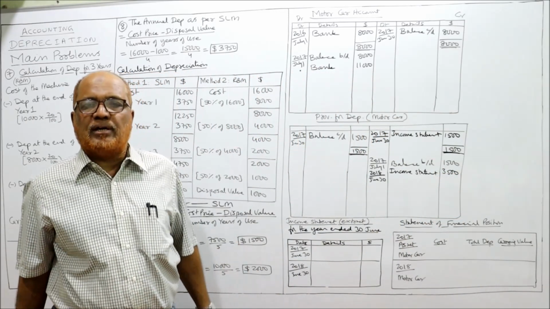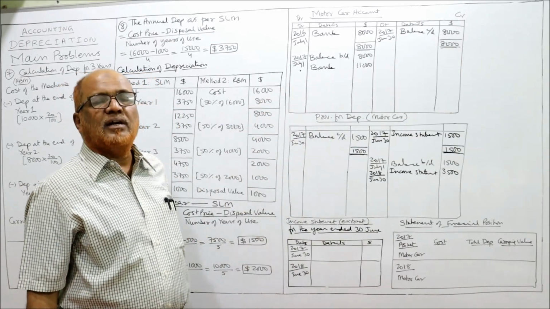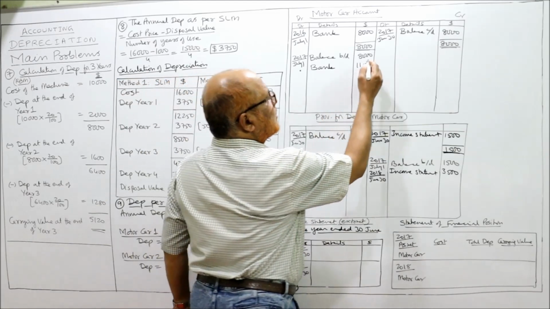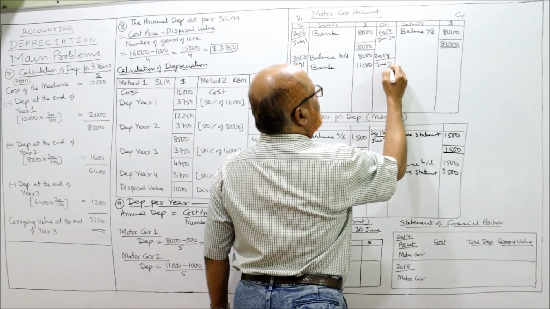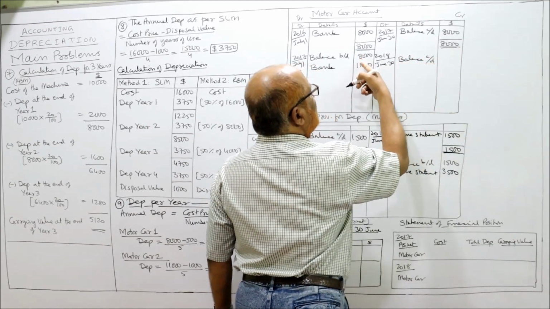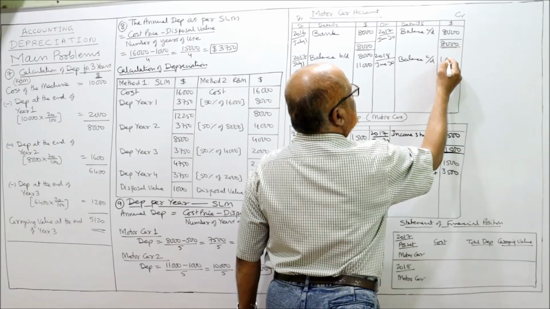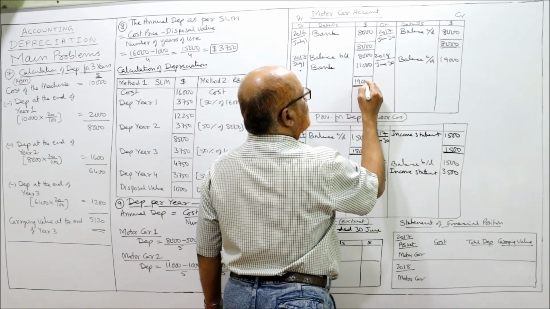Now we close the year. So year will be closed on 30th June 2018. So 2018 June 30th. Balance carried down 8,000 plus 11,000, 19,000. Here also I am taking 19,000.